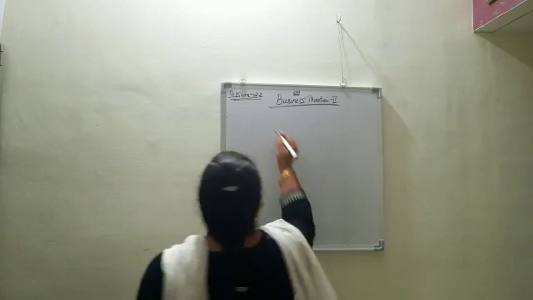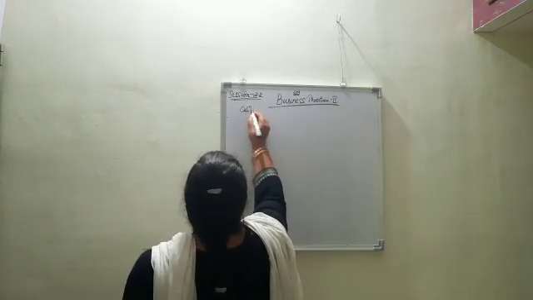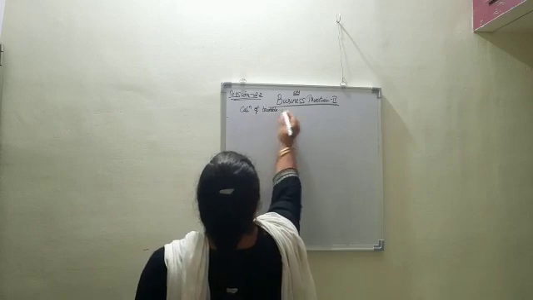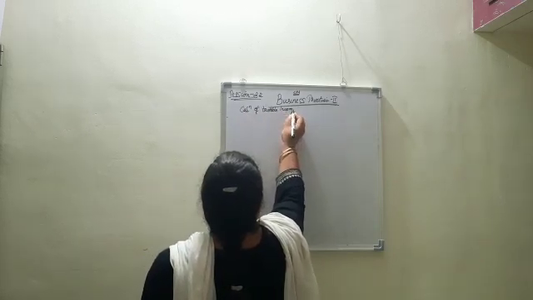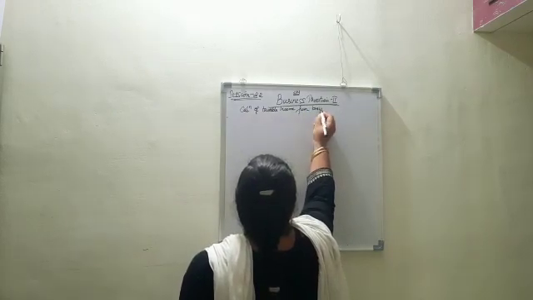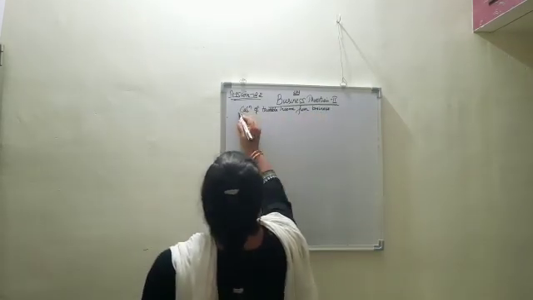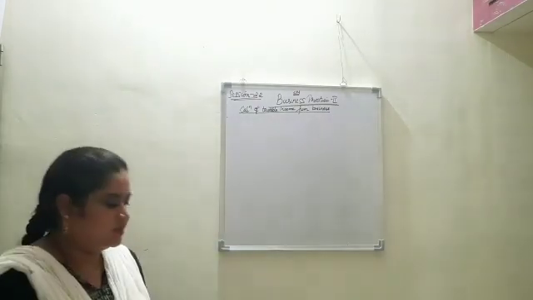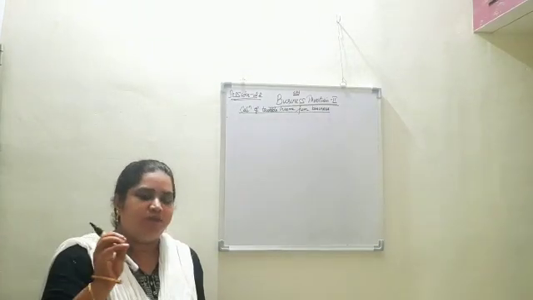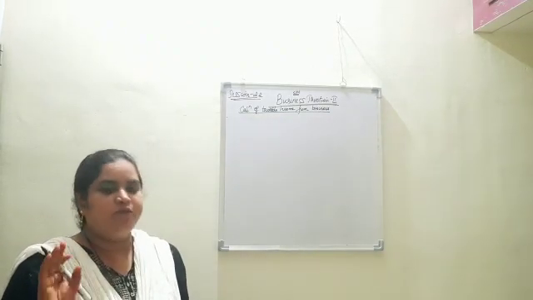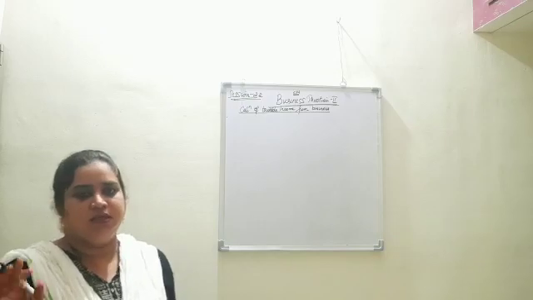First of all, let me write the heading: calculation of taxable income from business. The first step is to take the net profit as per the profit and loss account. What is the net profit? Net profit is 2,16,000.